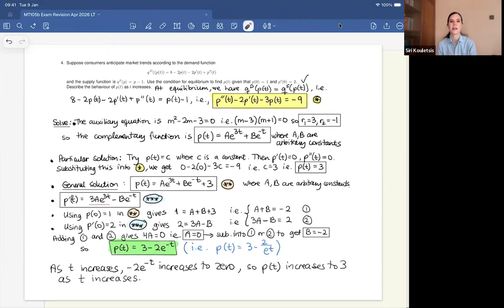Another way to see it is that, as t increases here, the denominator gets bigger and bigger. So you are deducting something from 3 that you're deducting less and less. And so you come from underneath and we increase up to 3.